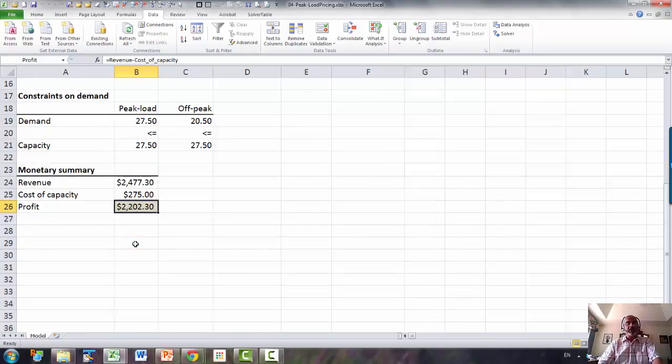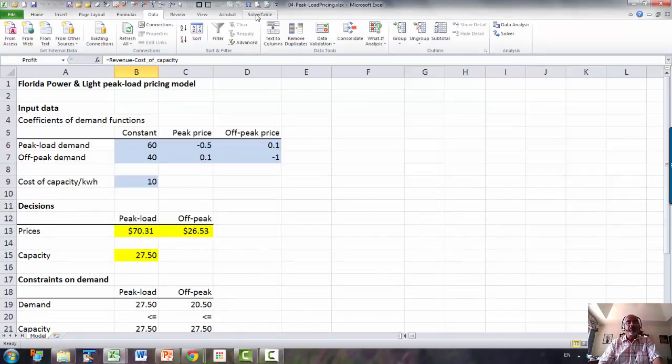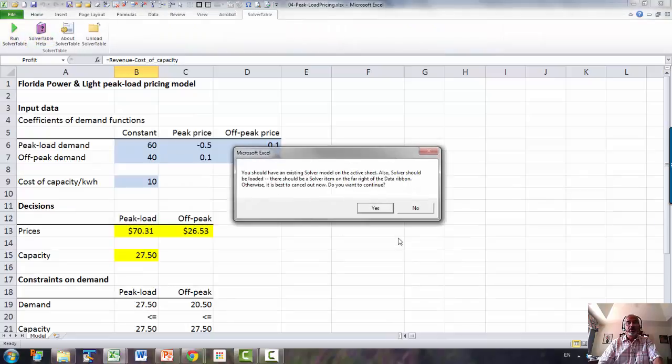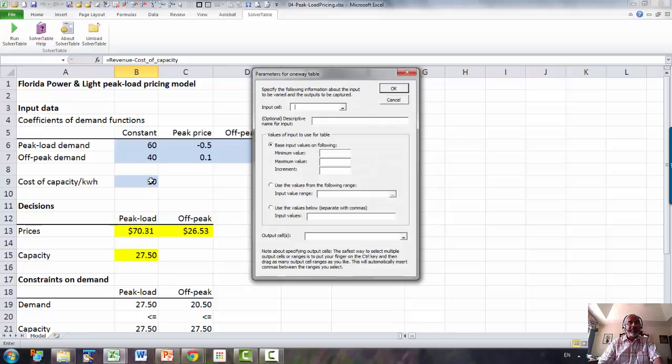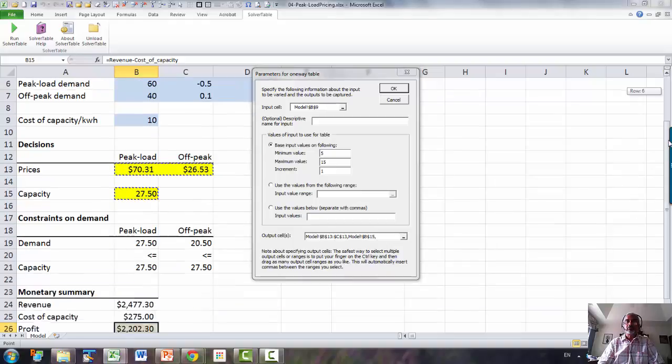Okay, now we'll run a solver table for cost of capacity. Go from 5 to 15 in increments of 1. And then we'll see what the prices will be, comma, let's control-click the capacity that we will build, comma, control-click the profit.